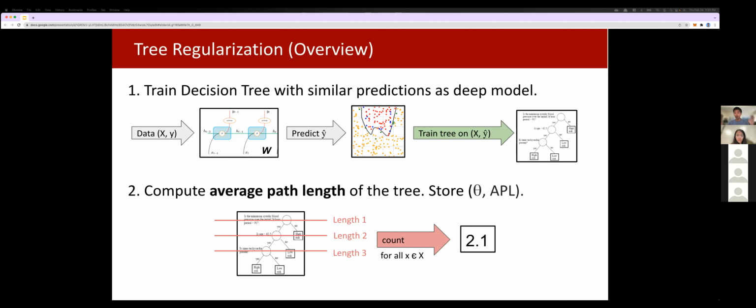Given a collection of predictions that it makes, I can use that to train a decision tree. And given a decision tree, I can look again at the training data set, and I can look at the path lengths required to make all those predictions and get an average path length. That's step 2. And now at this point, I have a tuple that I can store away: the original weights of my model at this step, theta, and the average path length that I just computed.